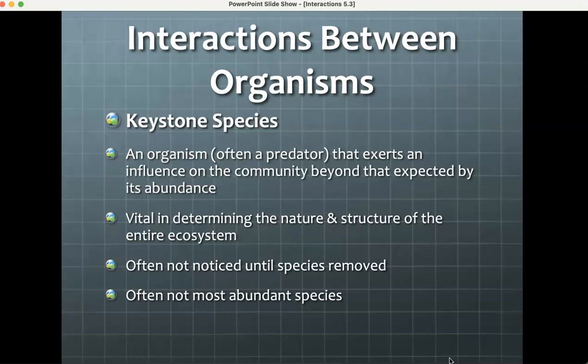If for some reason those organisms start causing trouble in other places, again, humans get involved, or something in nature happens that affects those organisms, all right? What we can see then is, and again, we're back with deer and wolves, that population they were keeping in check starts to overpopulate.